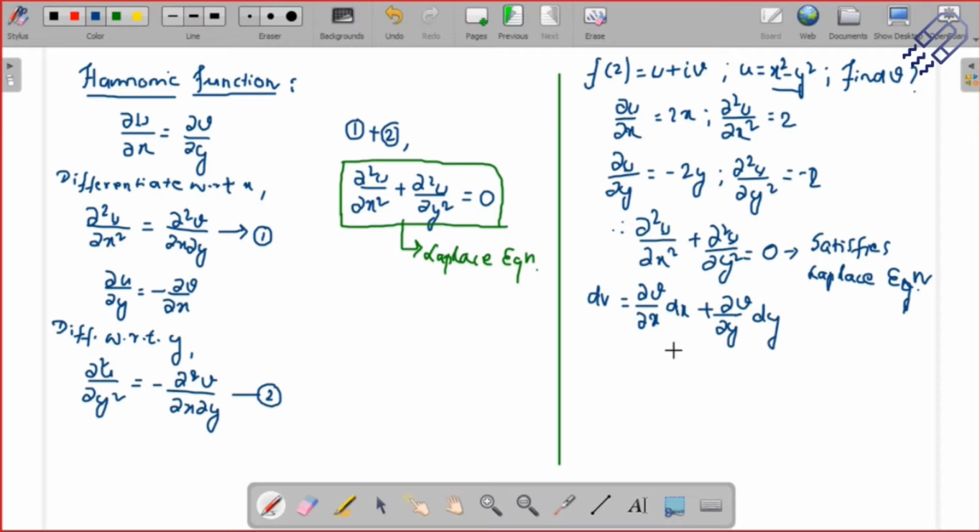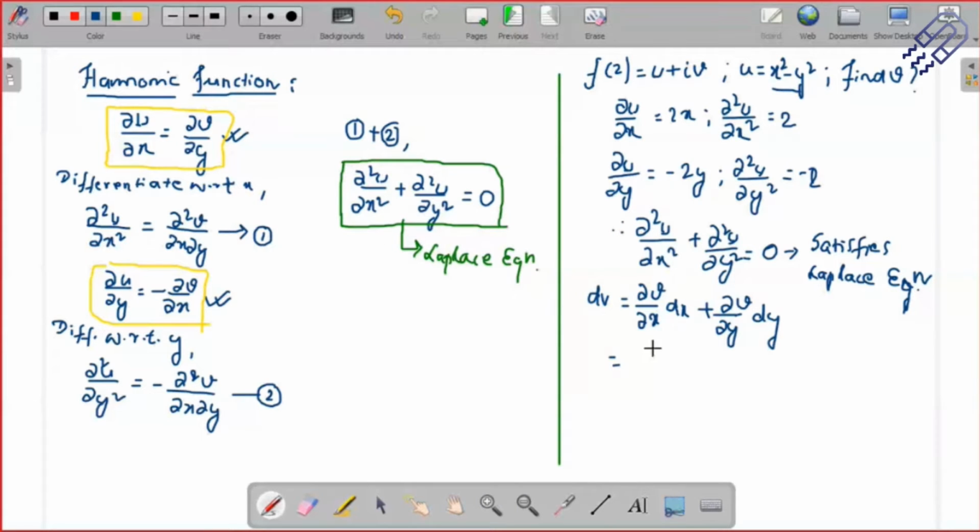And then we already know del u del x is this, del u del y is this. Maybe I can just mark this; I'm not going to rewrite this again. So this is our condition for a function to be analytic. We're going to use this condition here.